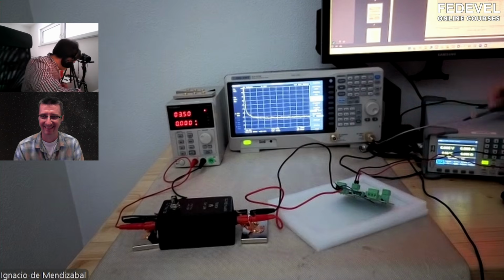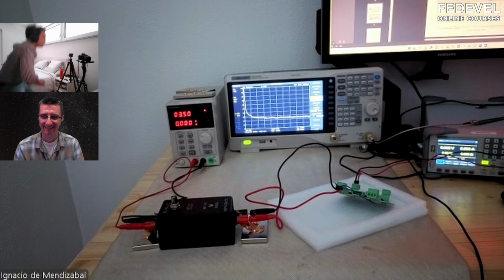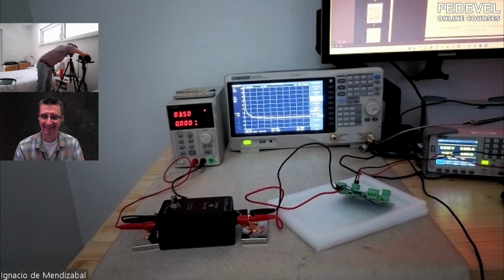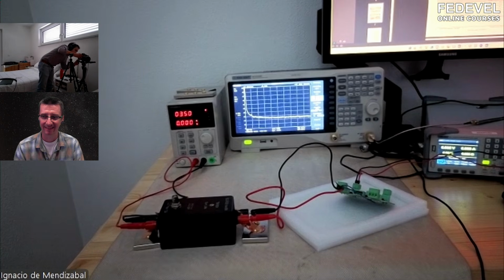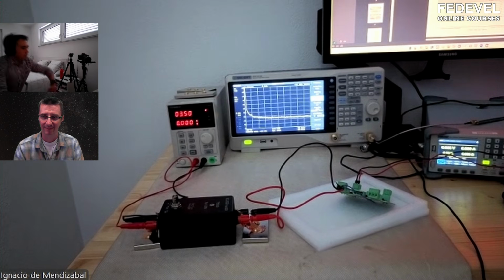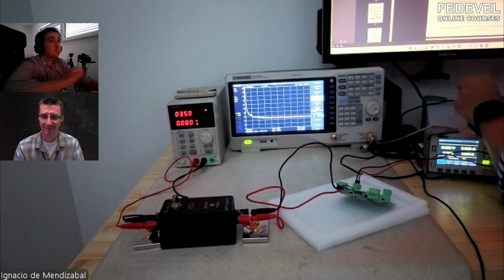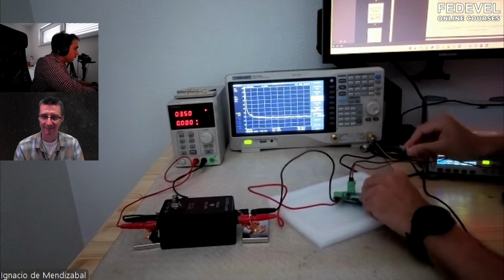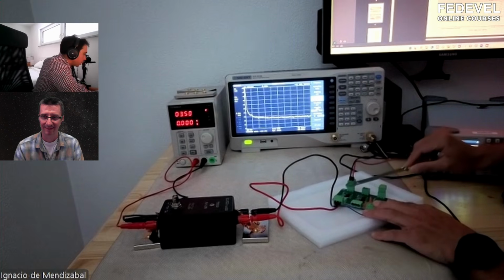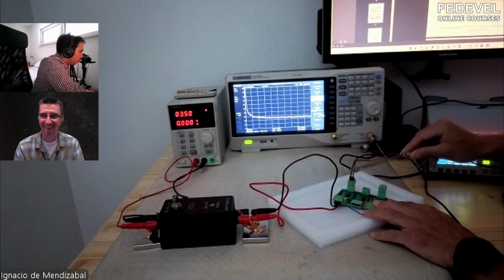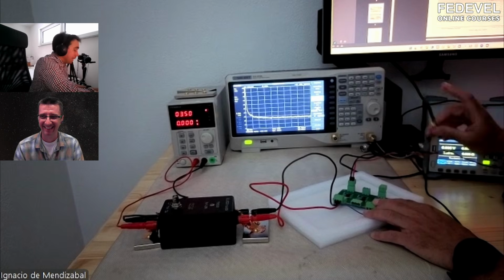I'm going to take the chance to zoom so that we can see very closely what's happening here. Perfect. So we are working with the first converter, and it's zero load.